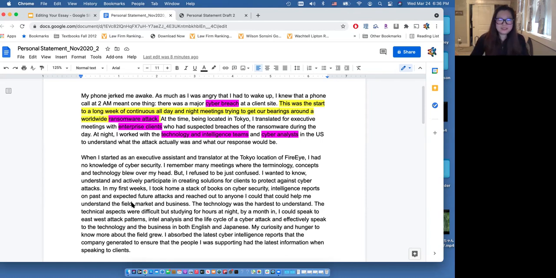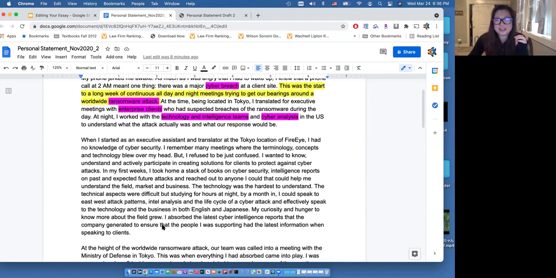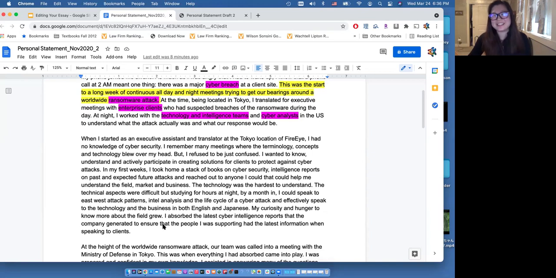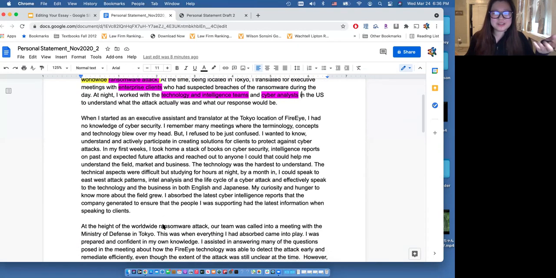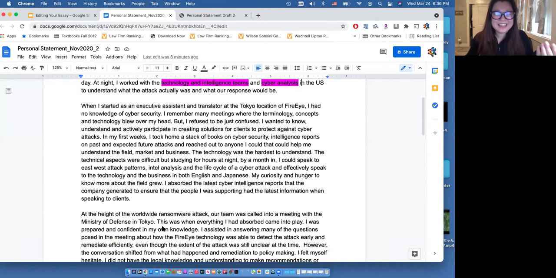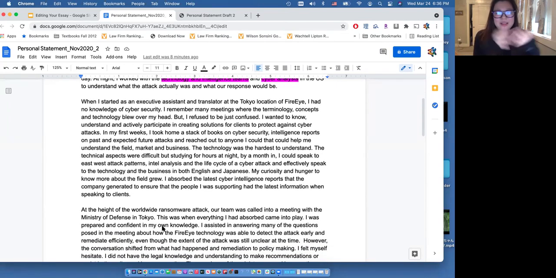So not to focus so much on my essay, but coming back to that second paragraph, just quickly reading through after that first tragic paragraph. "When I started as an executive assistant and translator at the Tokyo location of FireEye, I had no knowledge of cybersecurity.